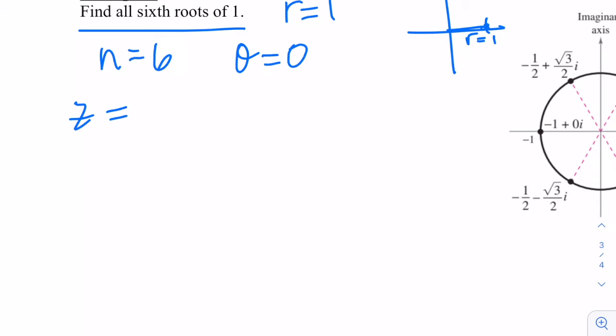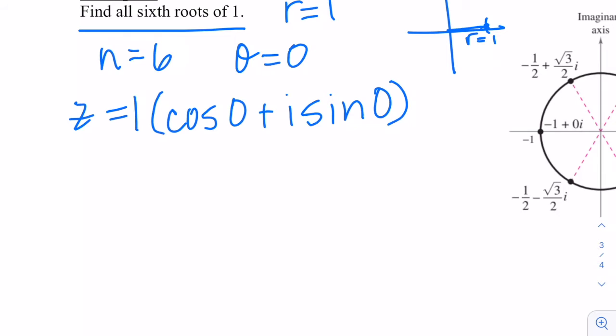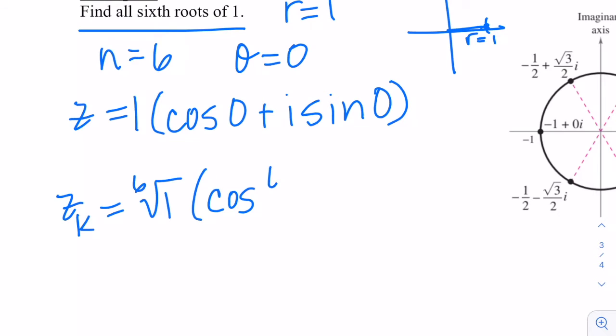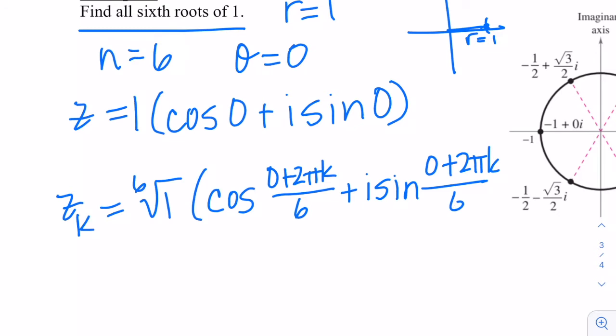So in trigonometric form, this would be 1 times cosine of 0 plus i times sine of 0. So if we want to find the 6 roots, for every root we're going to take the 6th root of 1, and then multiply this by the cosine of 0 plus 2 pi k over 6, because we have 6 roots, plus i times the sine of 0 plus 2 pi k over 6.